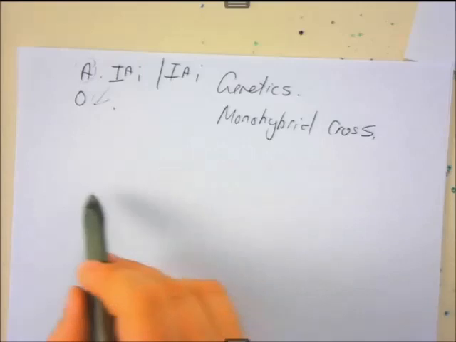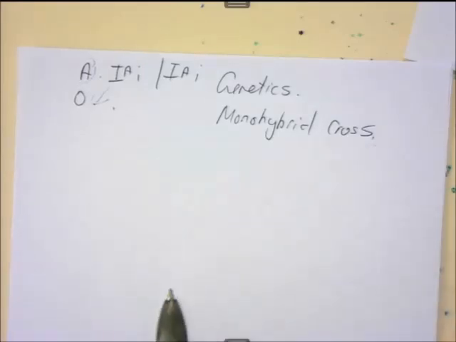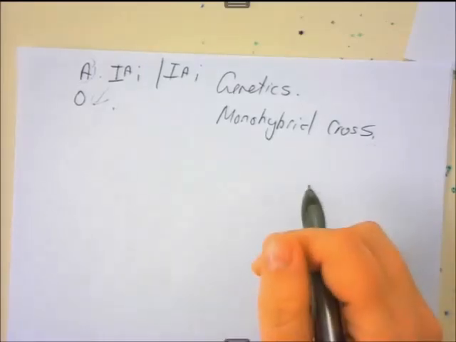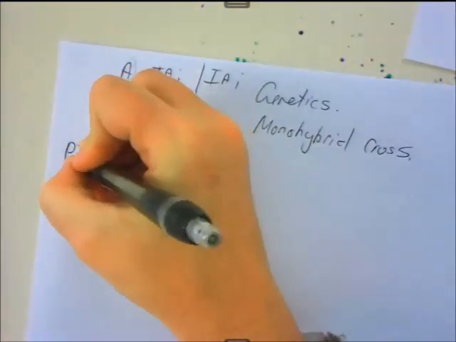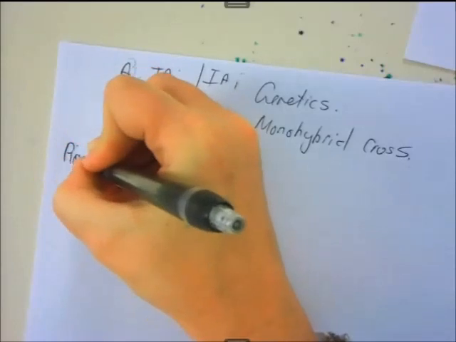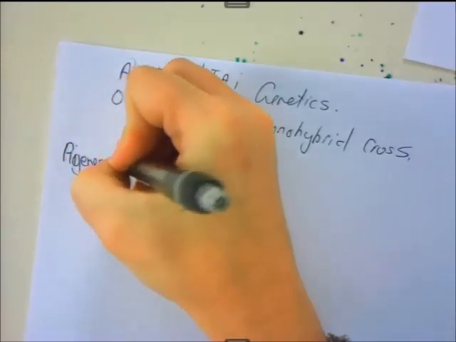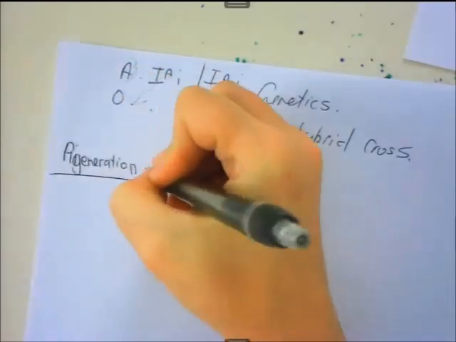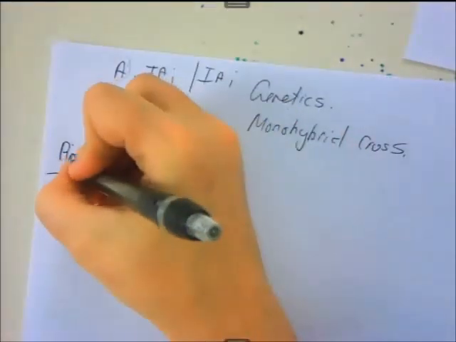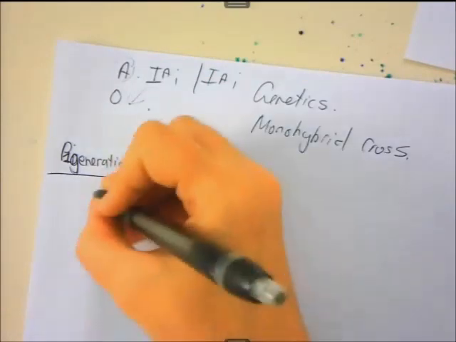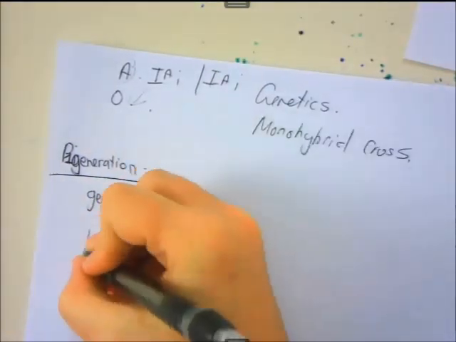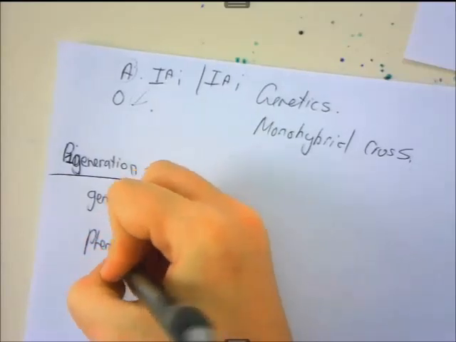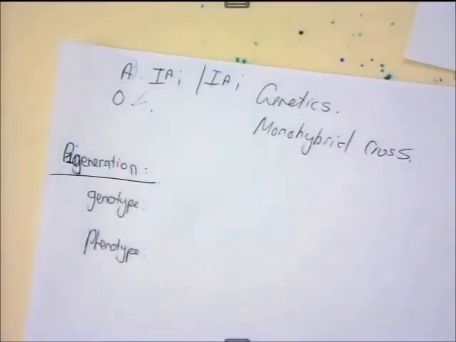But what I want to run through with you is to show you the formula or the structure in which you have to do this. So, the first thing you are going to say is the P1 generation. And under that you are going to write, and you're going to tell me about the genotype, and you are going to tell me about the phenotype of these parents.